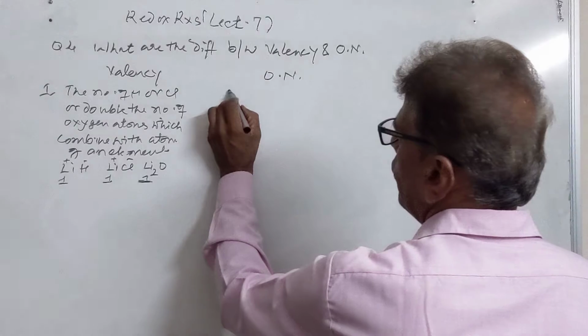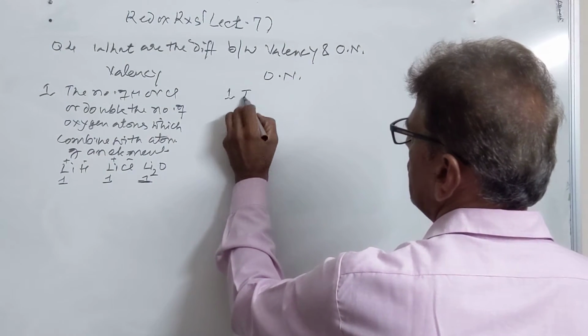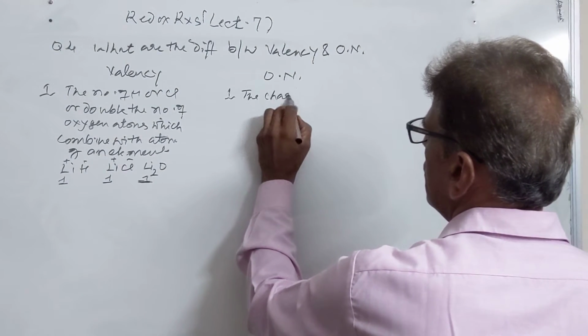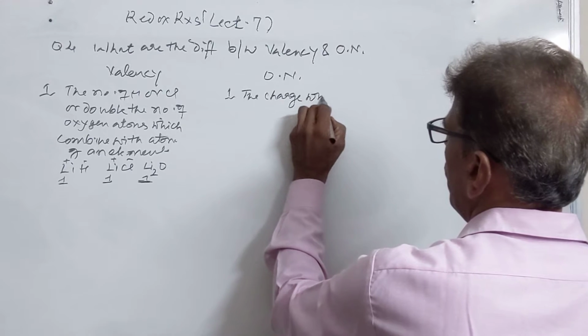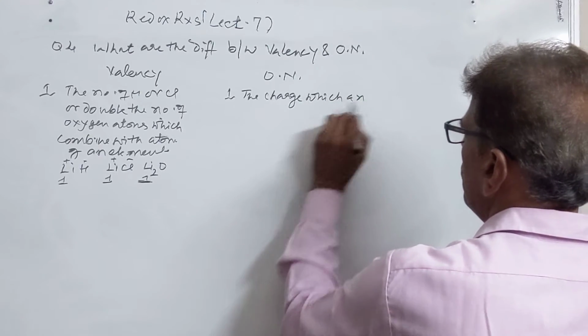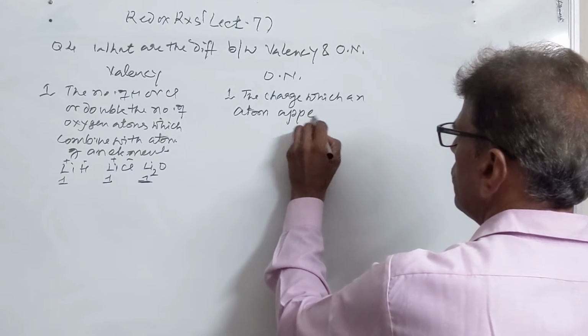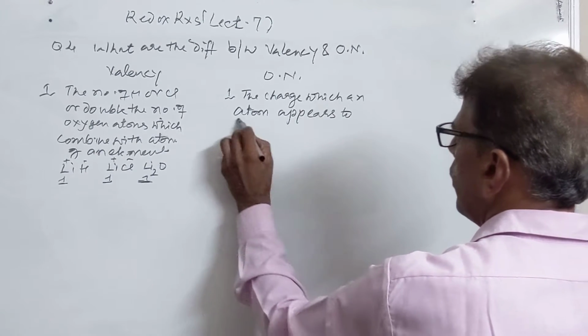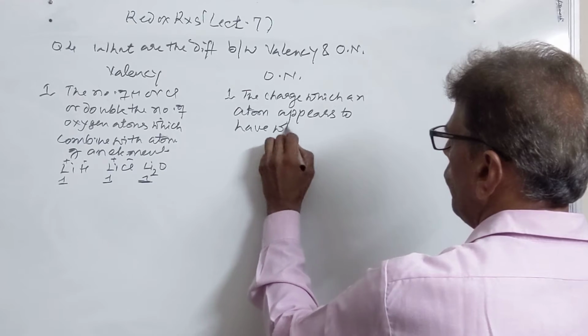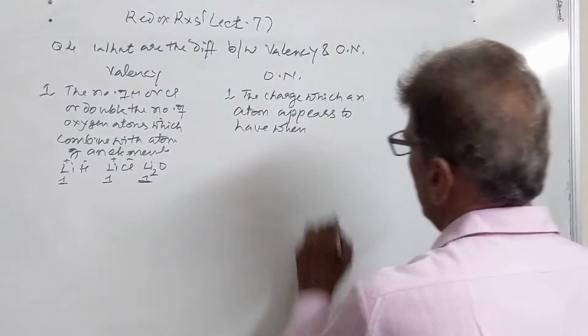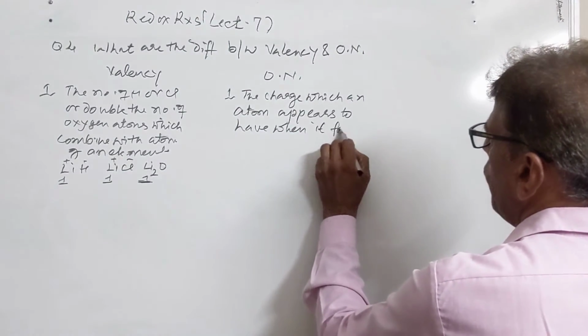Now we have the oxidation number. It is the charge which an atom appears to have when it forms a compound.